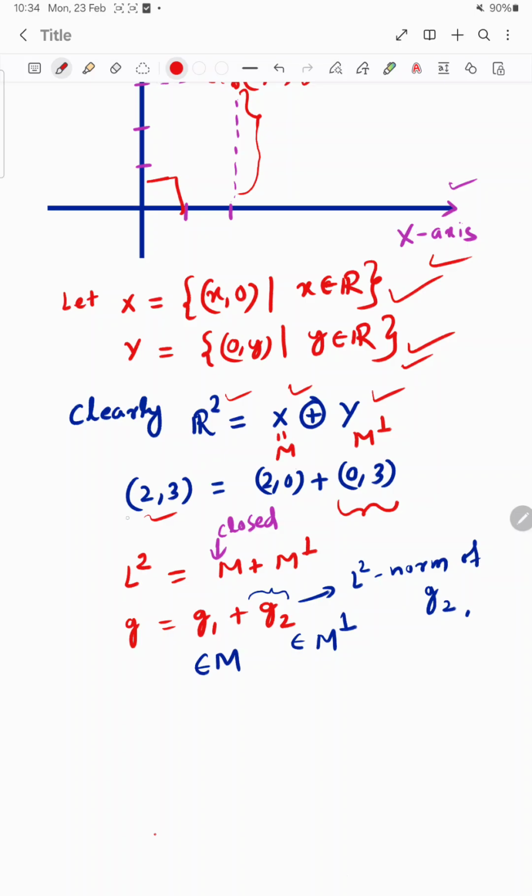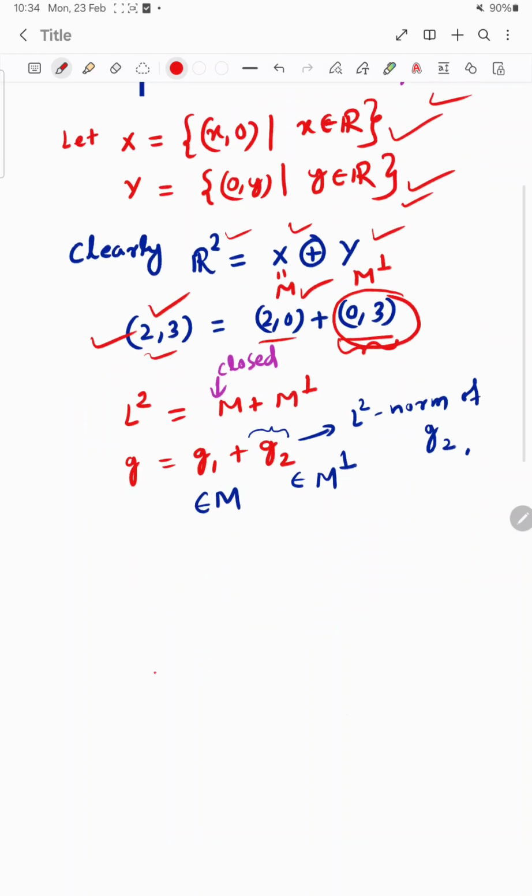And if we can write an element in this form, my claim is that the norm of one component is the distance of this point from the set. I am saying that this element is equal to P, and the distance of P to the set X, or M, is nothing but the norm of this element.